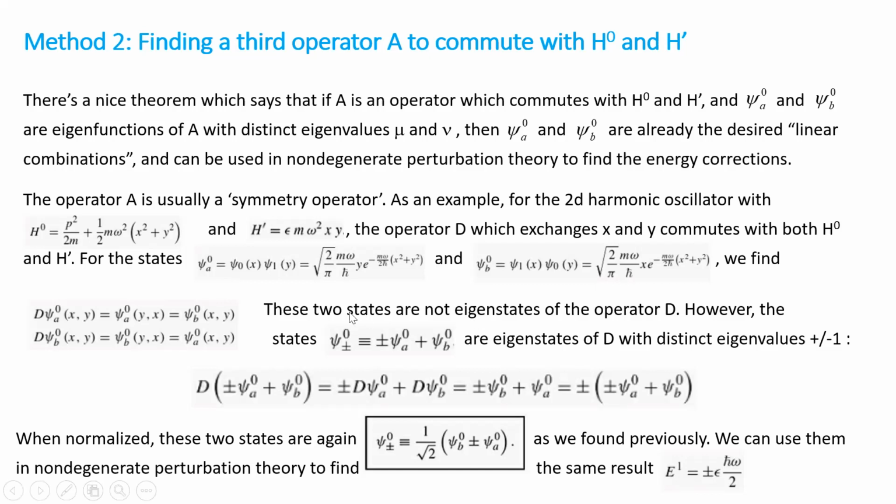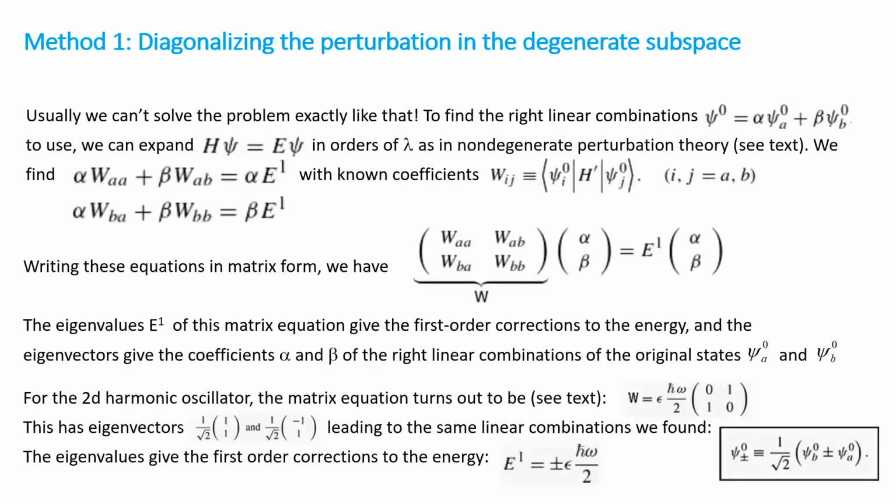In this case, with the harmonic oscillator, we were able to find an exact solution, which we used to check our two methods. The first was diagonalizing the perturbation in the degenerate subspace. So we find these matrix elements of the perturbation in the states we have, and the eigenvectors and eigenvalues give us our proper states, which we need, and the corrections to the energy.